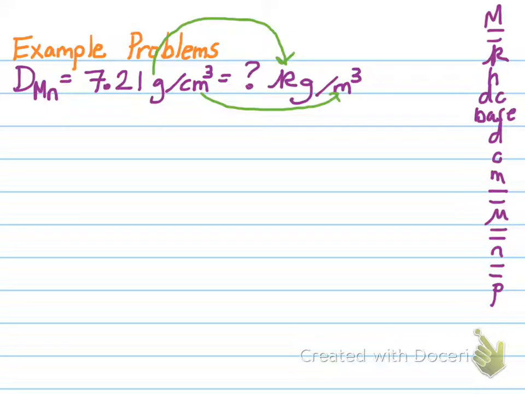What is important is that when I start this problem, I know which unit's in the numerator and which unit's in the denominator. So although I write it here as grams per, when I write it down here to start my problem, I clearly want grams in the numerator and cubic centimeters in the denominator.